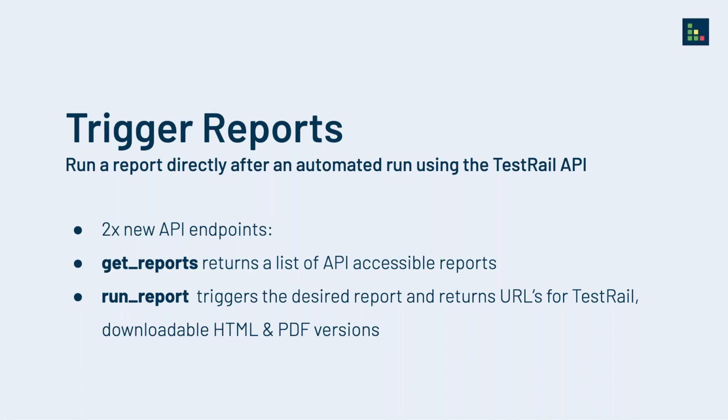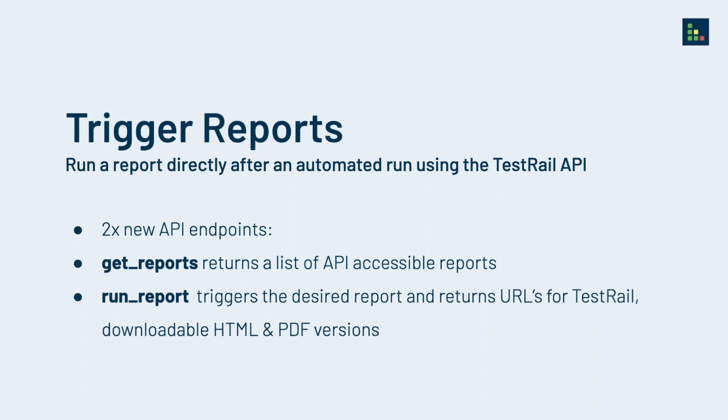Okay, moving on to trigger reports. So another new feature in 5.7, we introduced a couple of new API endpoints. One of them is the reports endpoints. So what these enable you to do is see when reports in a project are accessible to the API, and you can use the get reports endpoint to be able to see which reports are executable via the API, and then you can trigger those reports once you've got the IDs using the get reports endpoint.